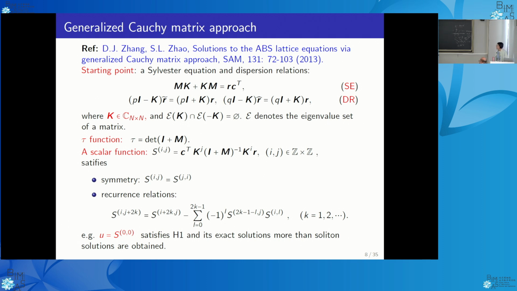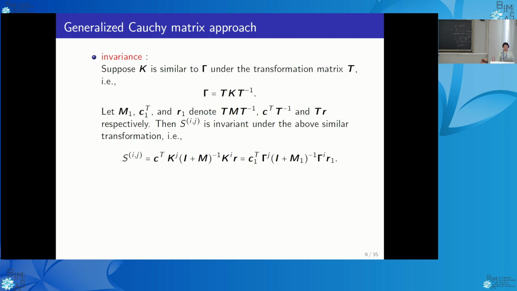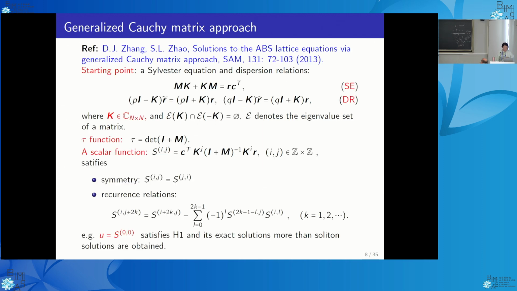And since K is no longer diagonal, we could get more solutions for the H1 equation, which means not only soliton solutions can be obtained now. To derive the solutions, we solve this Sylvester equation to get M and solve the dispersion relation to get R. And then for S00, we know its explicit solution.